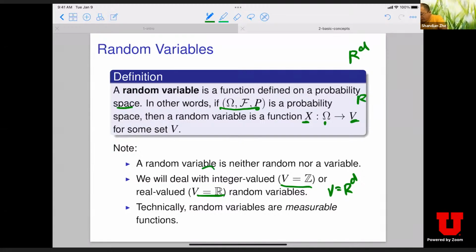So in some literature, you will see a random variable in this form. It just tells you that this small omega comes from the sample space, any element in the sample space, right? The map from omega to some real value is the random variable's value.